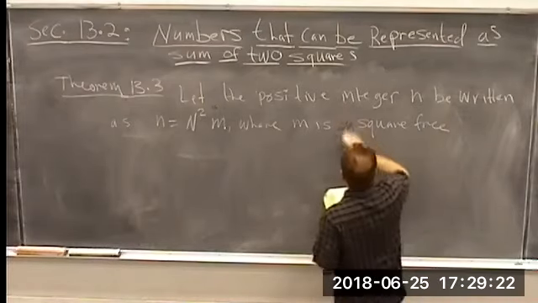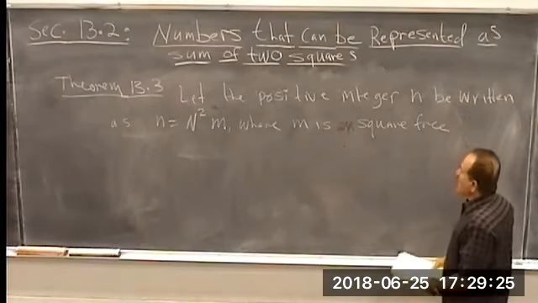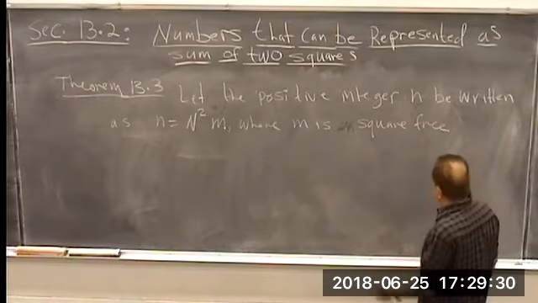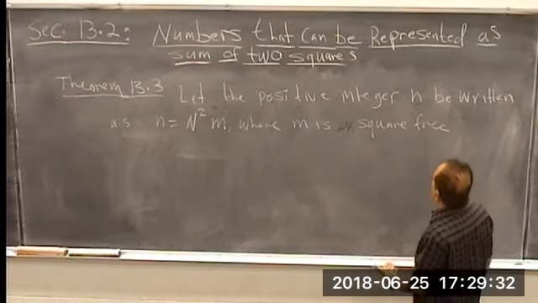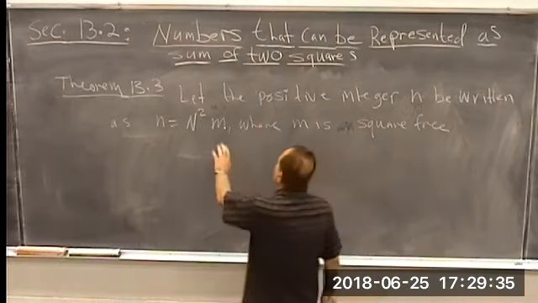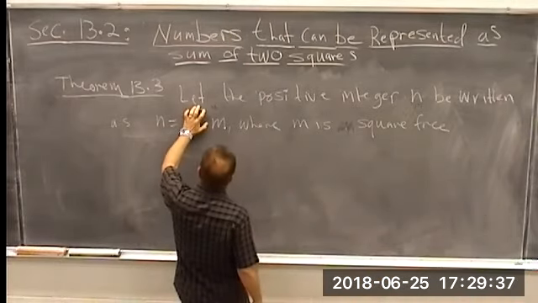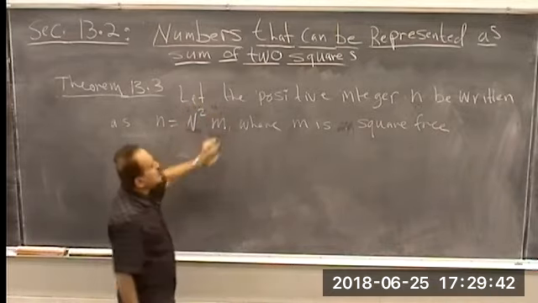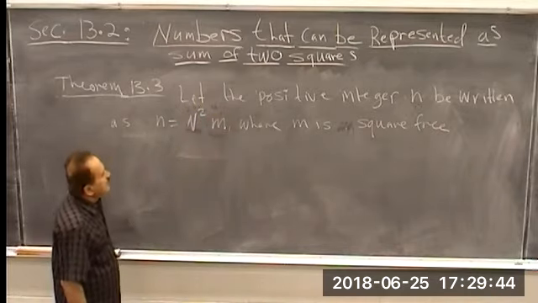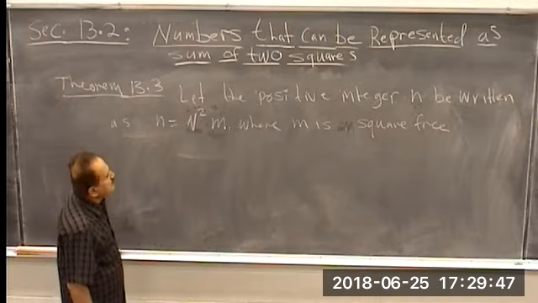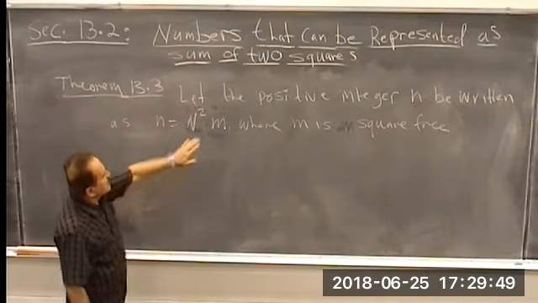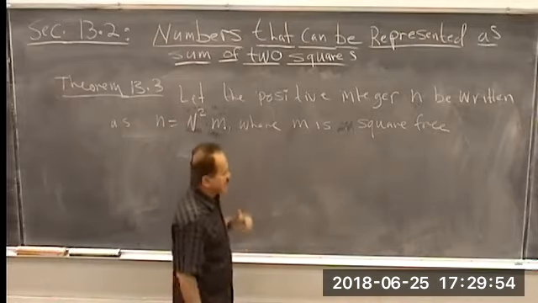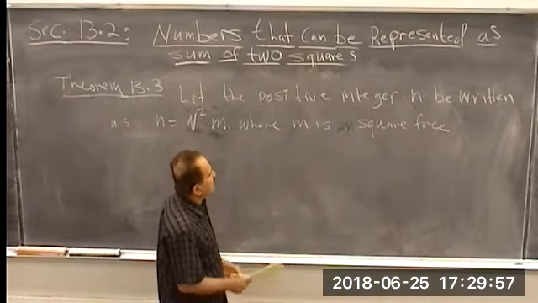We can do this by taking all the squares in its factorization, putting them together and calling this capital N squared. Then those other primes, which do not appear repeated, we put in m. So none of the primes in m has a square.